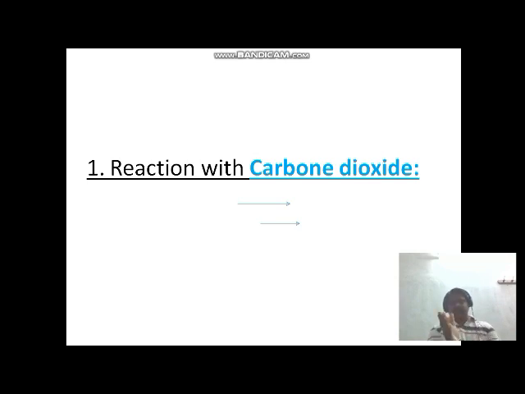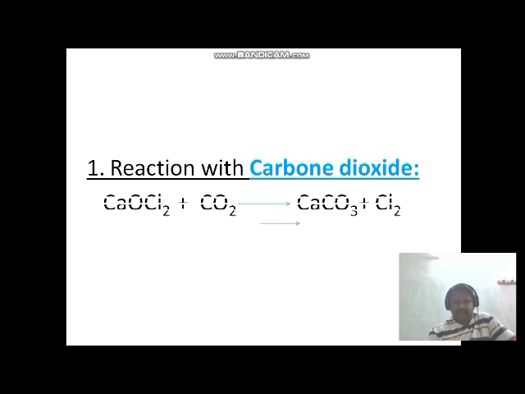Keep one point in your mind: bleaching powder has a basic nature, carbon dioxide has an acidic nature. When acid and base react with each other, salt and water are formed, but in this case water does not form. See here, CaOCl2 is known as bleaching powder, and CO2 is carbon dioxide.